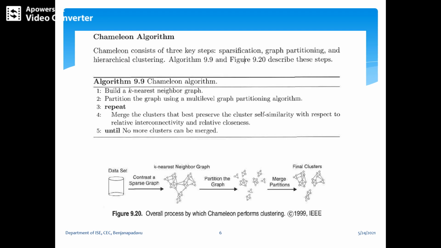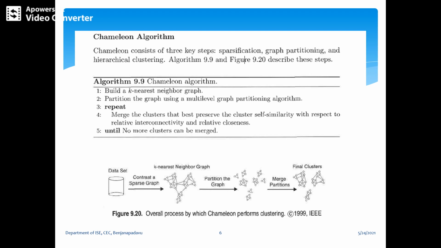As mentioned, working with a sparsified proximity graph instead of the full proximity graph can significantly reduce the effect of noise and outliers, and improve computational efficiency.